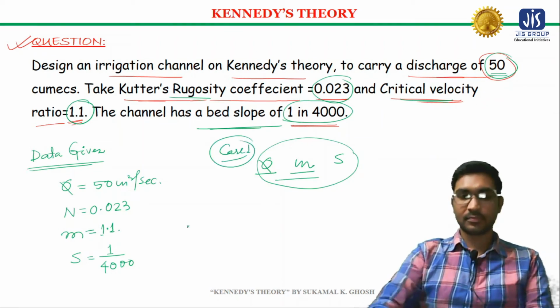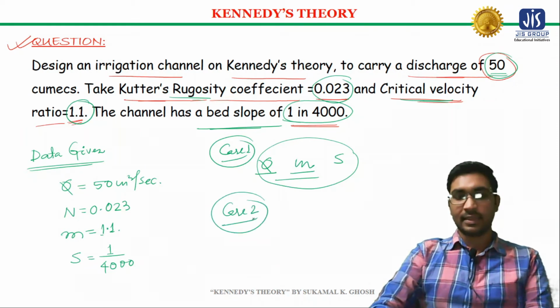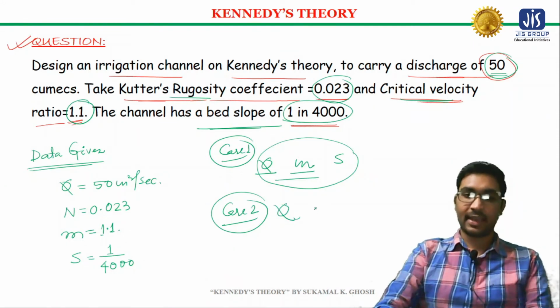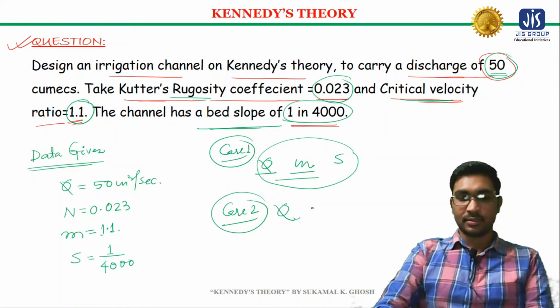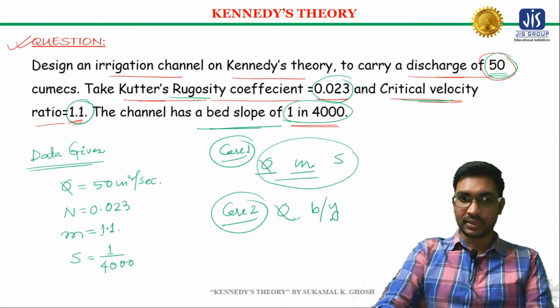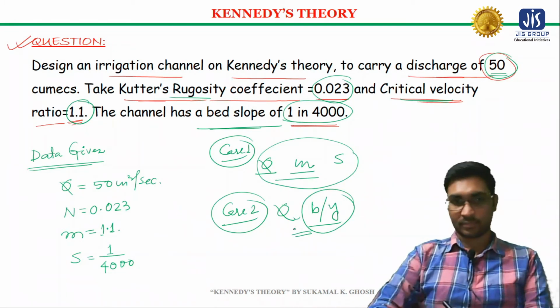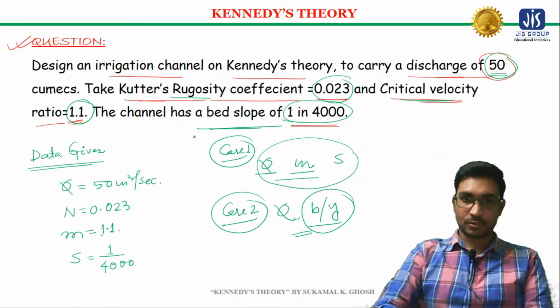In case 2, we may have the data of discharge and the ratio of width to depth of the channel, and we are asked to design an irrigation channel using this data.